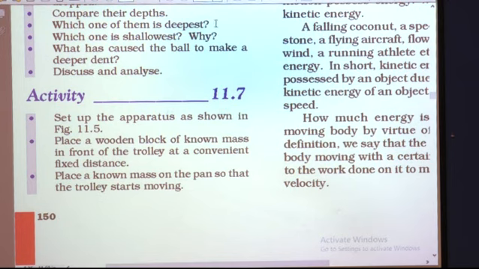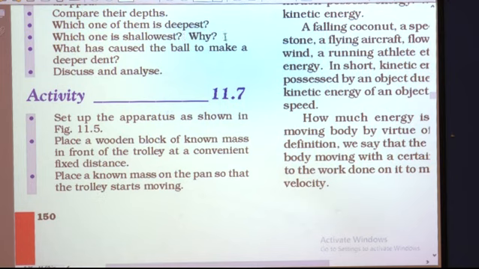You will find after doing this activity that the deepest depression is when you throw the ball from the greatest height, that is from 1.5 meters. Which one is shallowest? It is the depression formed when you drop the ball from a height of 25 centimeters.